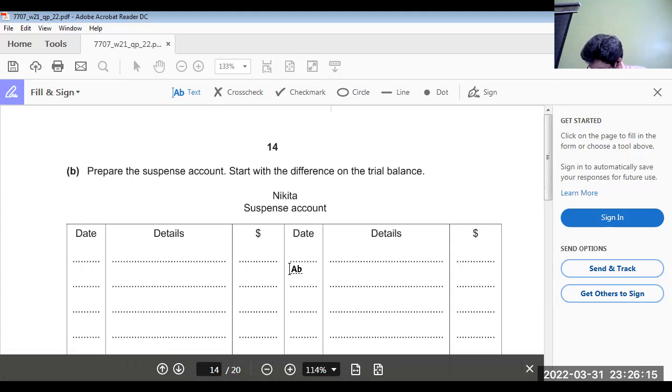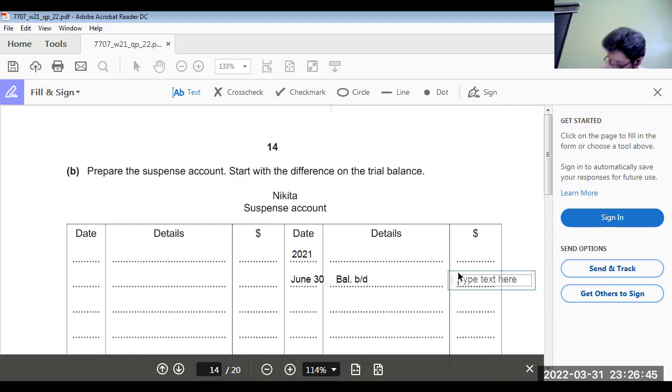So these errors were made on 30th June 2021. Balance brought down on the credit side.